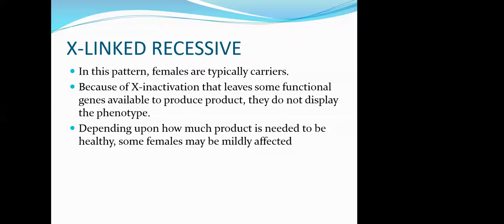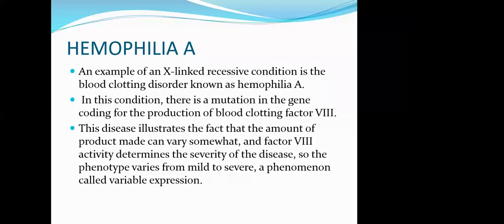But because of variable expression, you'll find that some of the people who are affected have very severe disease while others have mild disease. An example of this is hemophilia A. Hemophilia means excessive bleeding, and it's also referred to as Christmas disease. It's an example of an X-linked recessive condition because of lack or mutation in clotting factor 8.